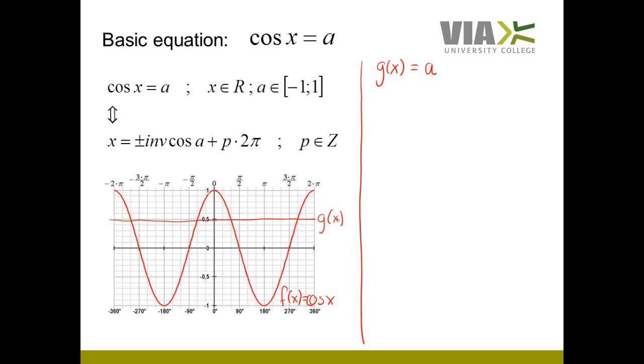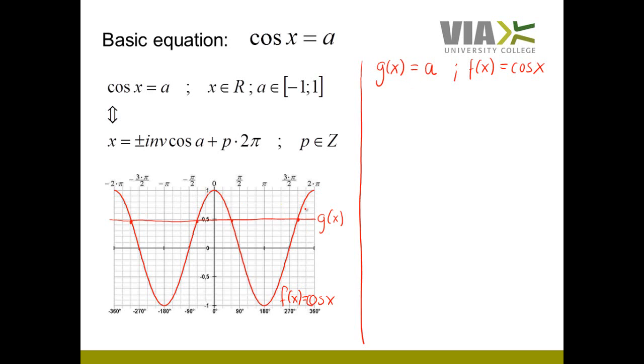So if we are looking at these two functions, f(x) equals cosine x and g(x) equals a, and looking at the intersection points between these two graphs, that's the points I will indicate here.